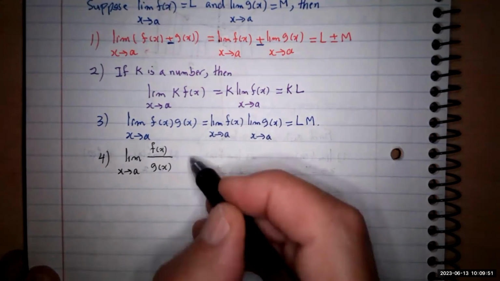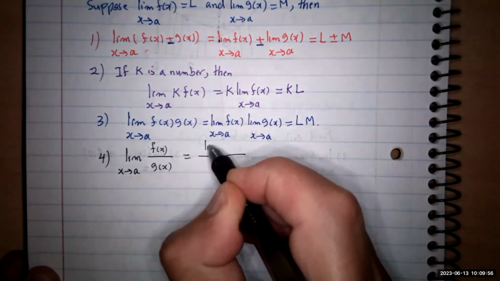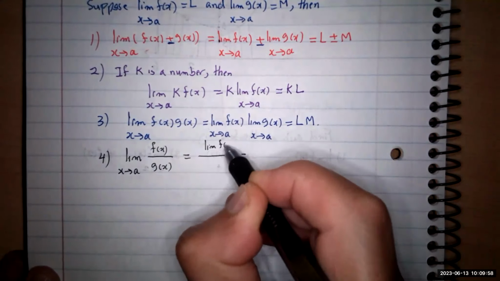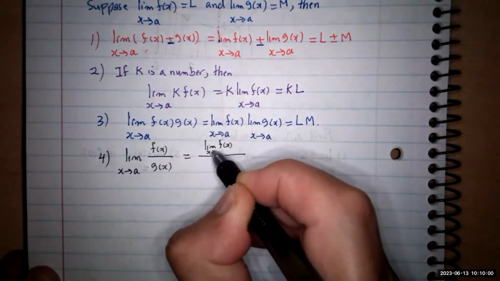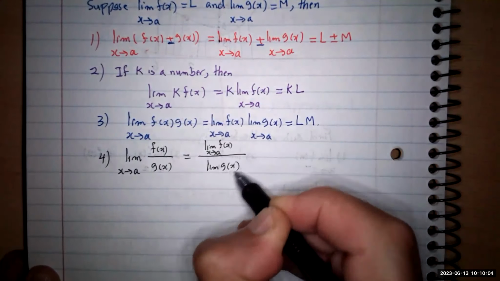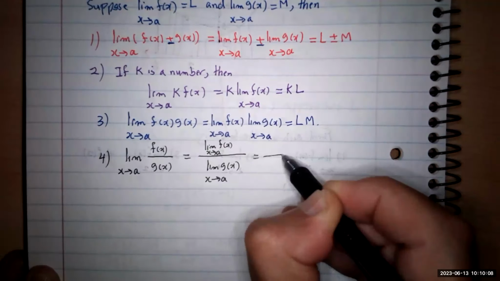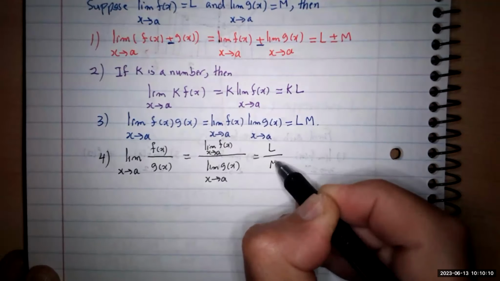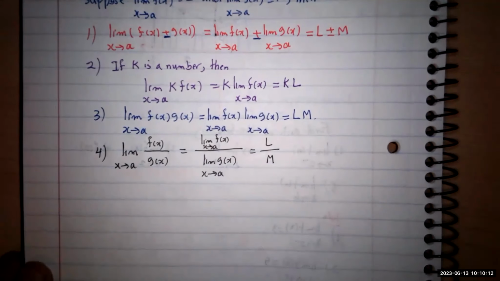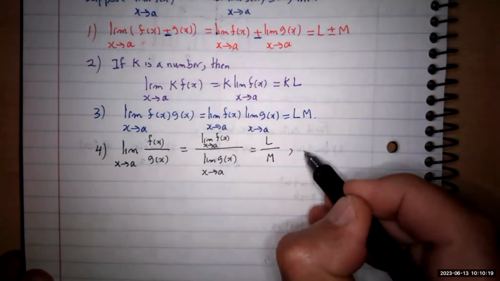Limit of the top, f of x, x goes to a, divided by the limit of the bottom one, g of x, x goes to a. So the top is L, the bottom one is M. Of course, you know that when you do the quotient, you must make sure that the denominator is not 0. So we assume that M is not 0.